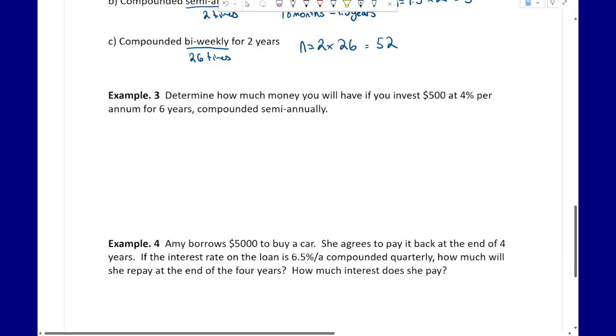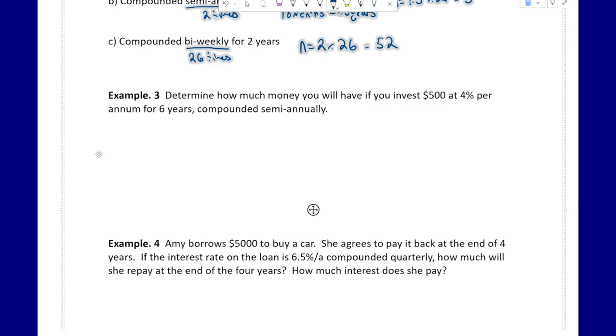Determine how much money you will have if you invest $500 at 4% per annum for 6 years. So I'm still going to write out my formula A, P, I, and N. A is the future amount. We don't know what that is because we're trying to figure out how much money we will have. P is our principal, so what we're investing, so $500.